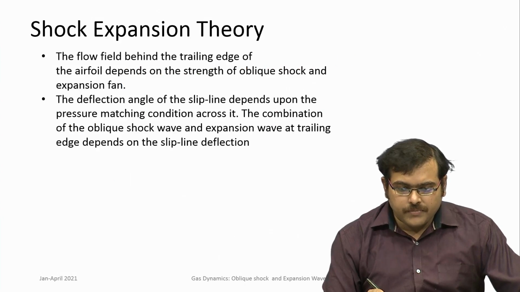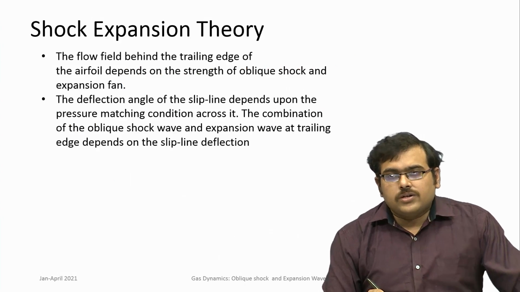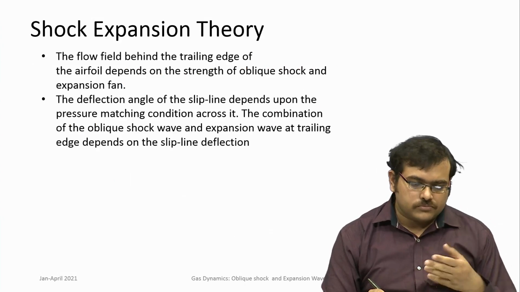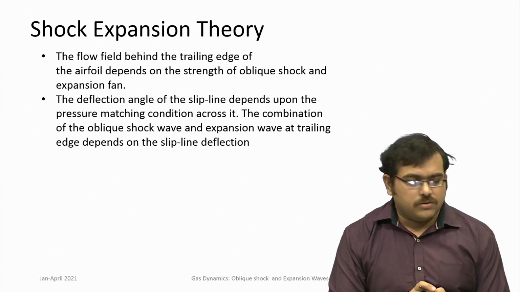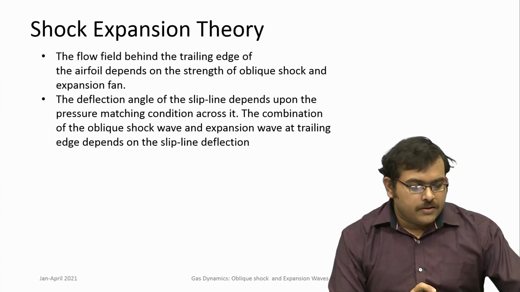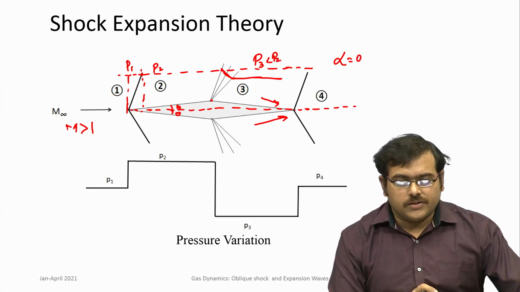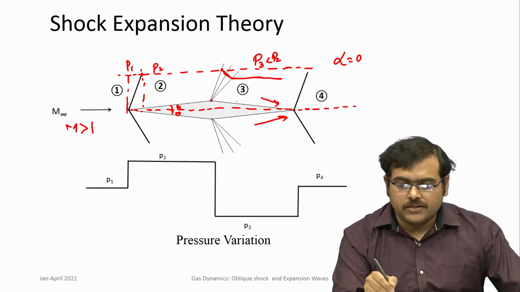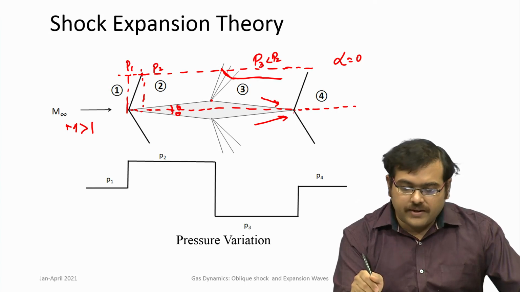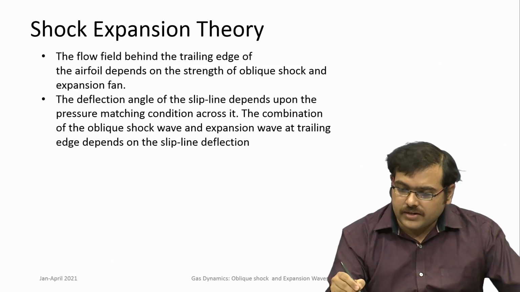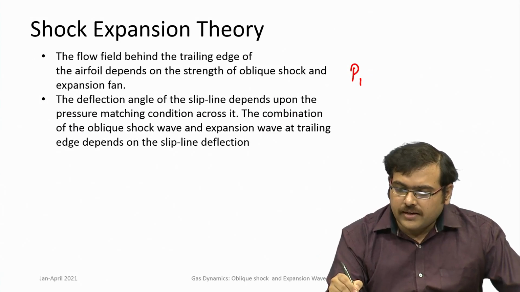Here you should understand that the front portion of these kind of bodies you can always solve using oblique shocks and expansion fans, but at the trailing edge you should be very careful. You should apply the conditions at the trailing edge.